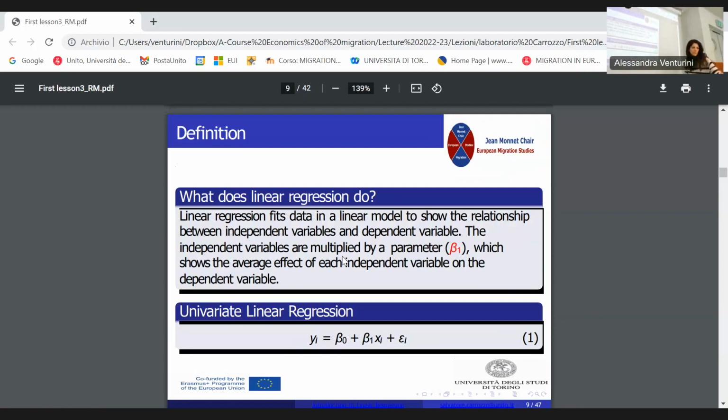Take a simple example, outside the migration field: age and height of a person. You have the age here, and the height of a person here. You want to understand if age is related to the height of a person. You have a scale: when you are 1 year old you are this tall, and the more you grow up, and so on.